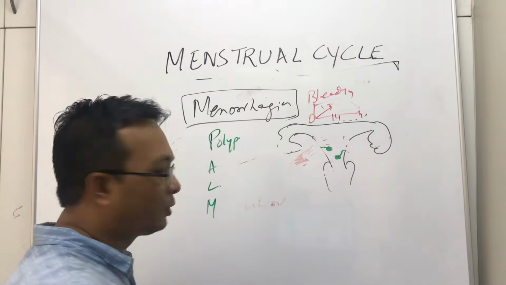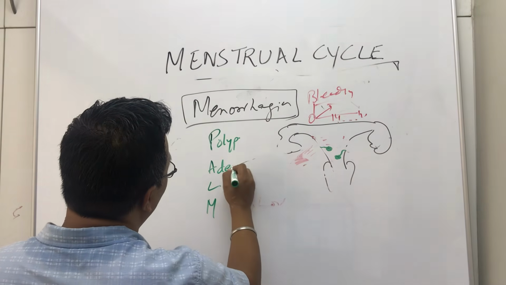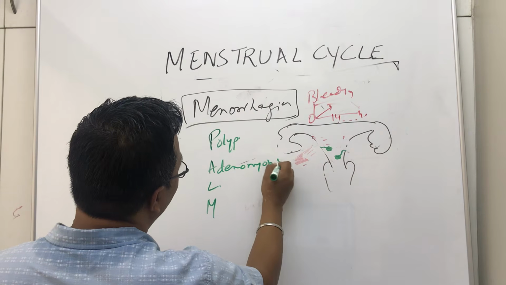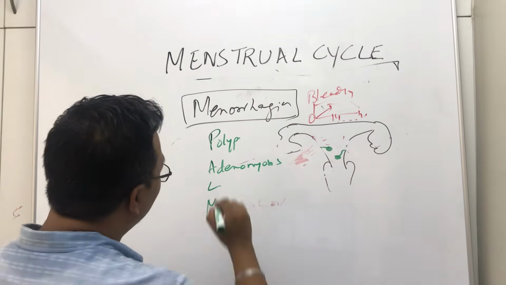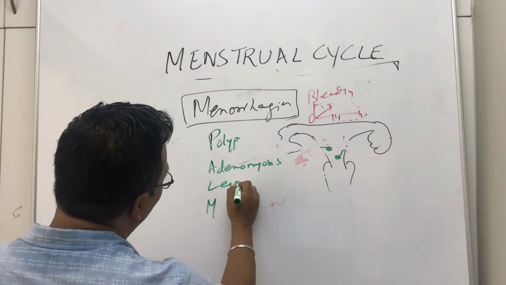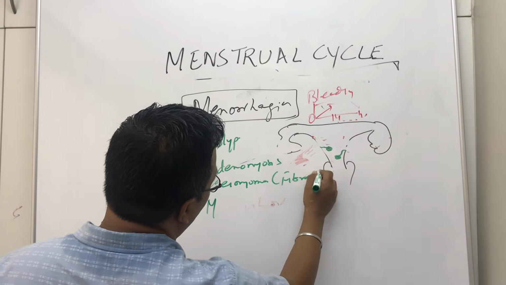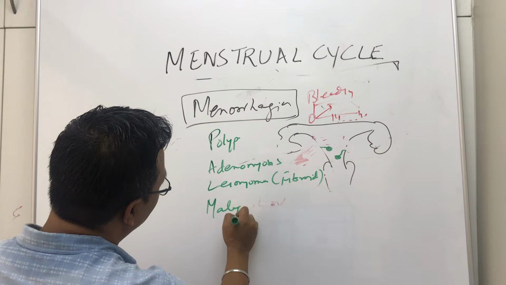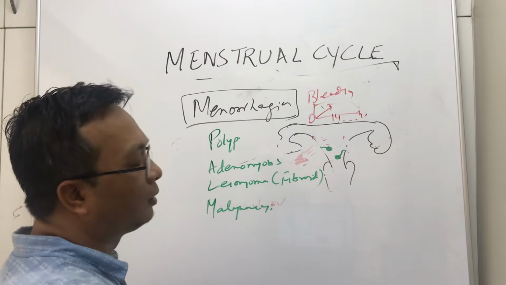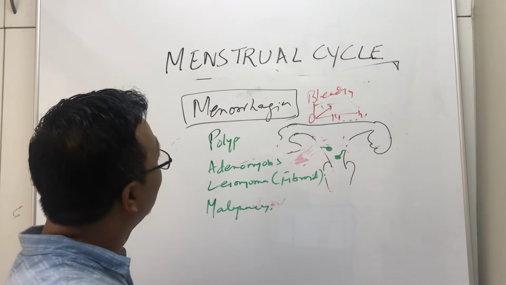Any sort of adenomyosis, like endometriosis. Any sort of leiomyoma, leiomyoma means fibroid. And malignancy, cancers. So these can result in menorrhagia.